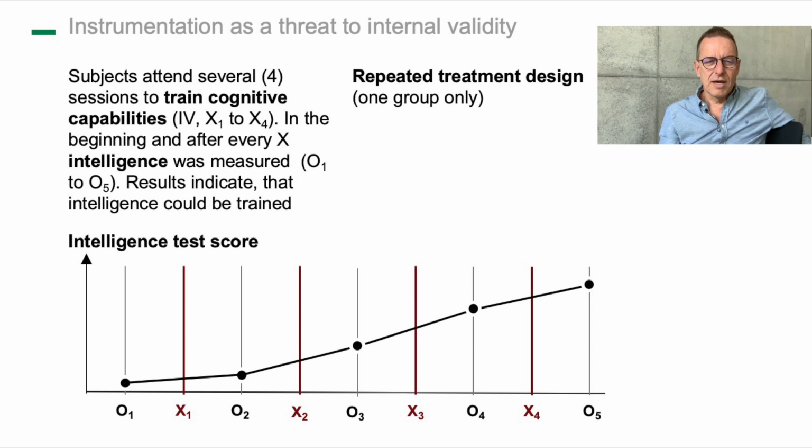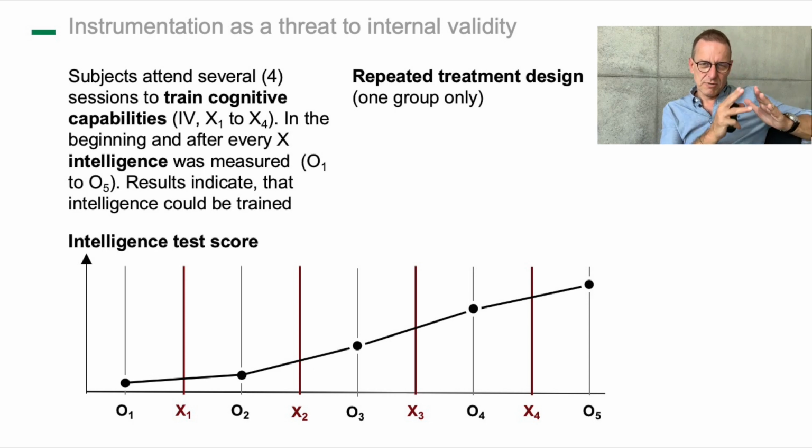Well, here's another example. So we have a group of subjects, and we want to train them on their cognitive capabilities. We could also name this intelligence. And the idea is, why shouldn't we try whether or not we can train intelligence? That's a fundamental question in psychology. Can we change intelligence through training? Okay, so it's a repeated treatment design.